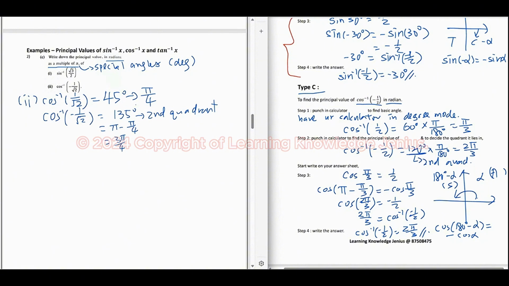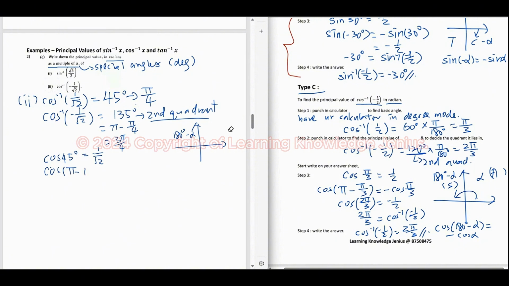So step 3 onwards is what you will write in your answer sheet, like I said. You will write cosine 45 degrees equals 1 over square root 2 first, followed by this. You can tell it's a second quadrant, and the second quadrant is 180 minus alpha. So it's actually pi minus pi over 4.